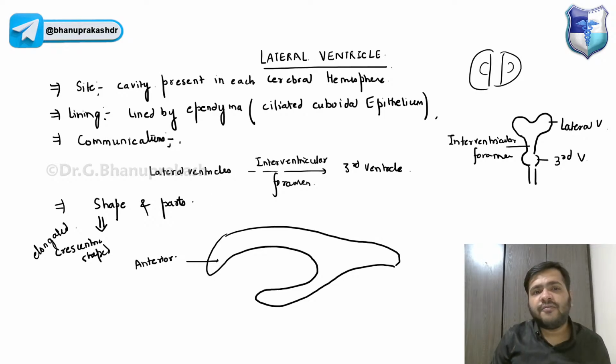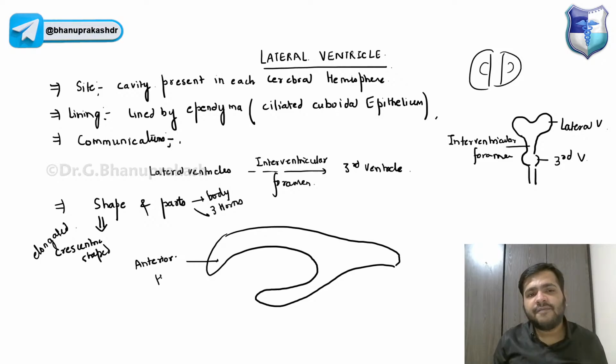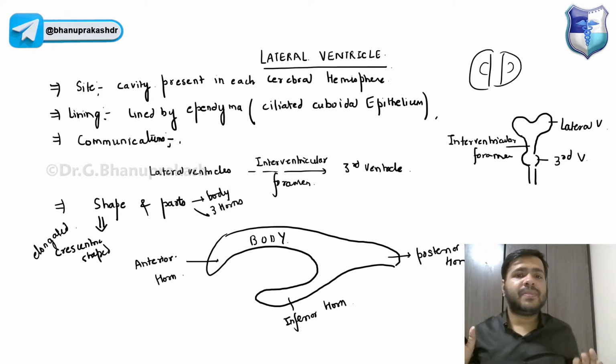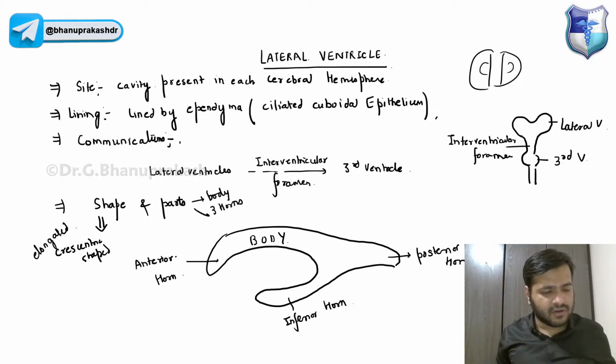It consists of a body and three horns. We have the anterior horn. We have the elongated part that is called the body. Then we have the posterior horn, and we have the inferior horn. So we have three horns: anterior, posterior, and inferior, and the elongated part called the body.